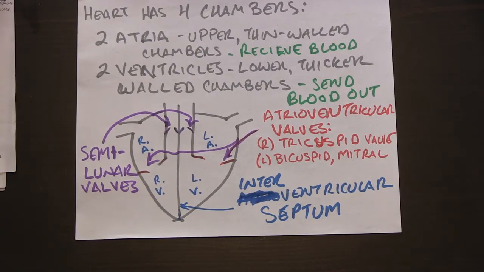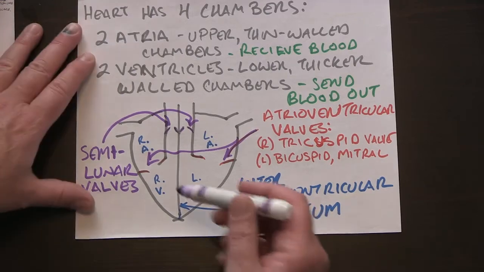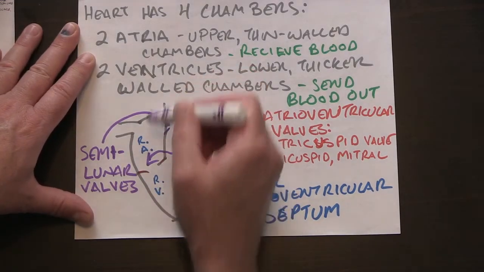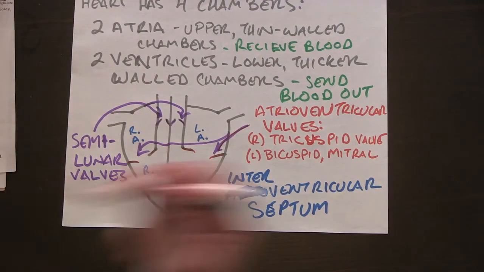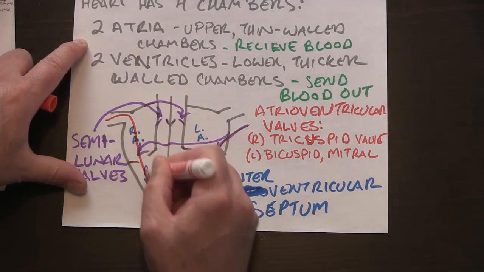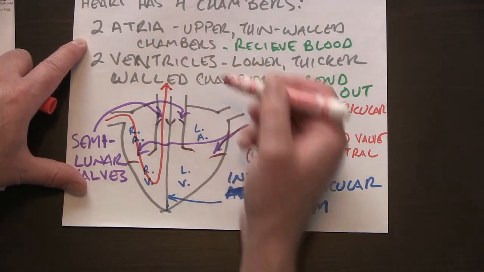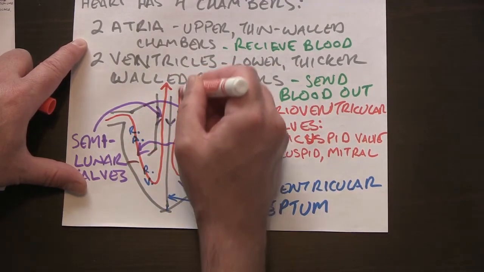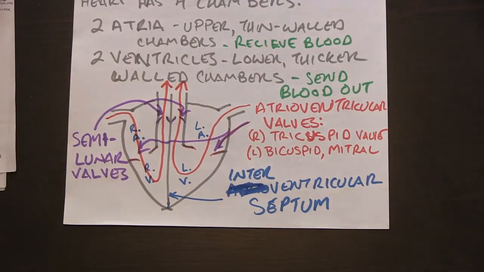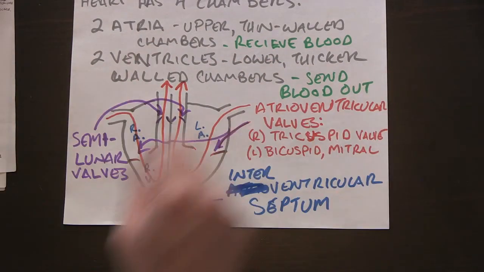Essentially what these valves do is prevent the blood from flowing backwards, because the blood is flowing in through here and going out that way, and then in through here and going out that way. And the valves prevent the flow from going the opposite way.